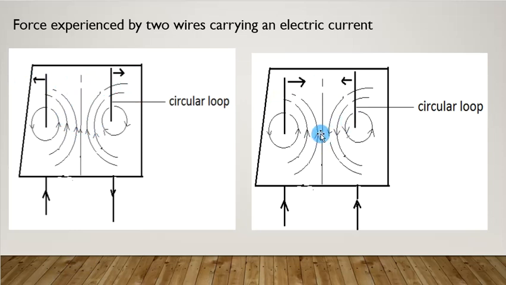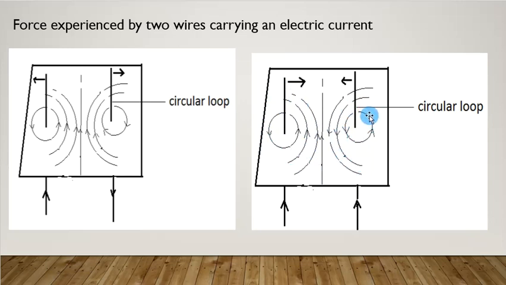Now if we change direction of the second wire so that it also carries current in the upward direction, let's look at the field patterns that develop. If we use the grip rule, this conductor will have magnetic field patterns in the anti-clockwise direction, and even the second one will have magnetic field patterns around the wire in the anti-clockwise direction.